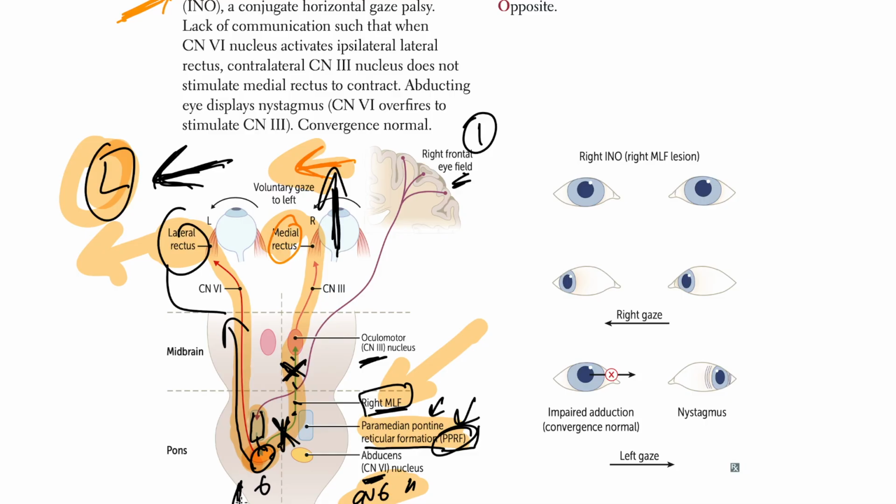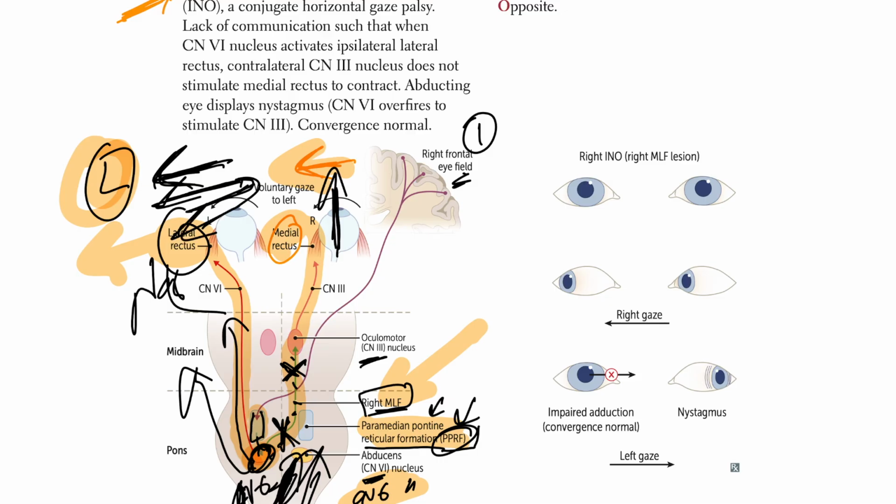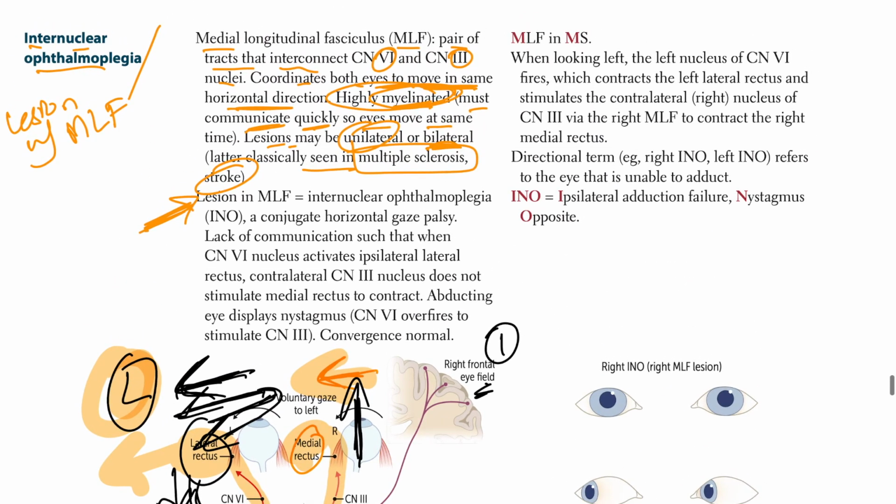And because cranial nerve 6 will try to send that signal again and again, so that it would contract towards the left side, CN6 is doing it again and again. This is sending signal on both sides. So it's going to cause nystagmus here. So this eye will go back and forth, nystagmus. So let's read now.